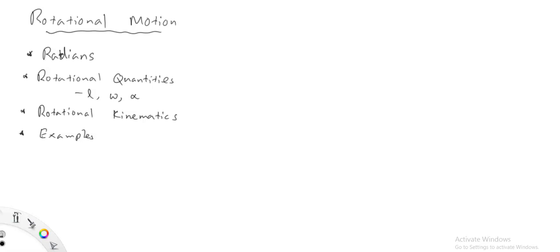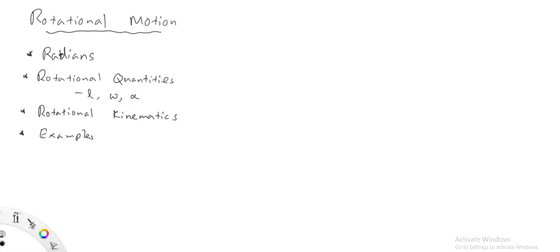And we will talk about rotational quantities. So similar to linear quantities like distance, velocity, acceleration, when things are rotating, we can define the same kind of quantities in rotational motion. For example, if something moves in a straight line, in one direction, you call it the distance or displacement.